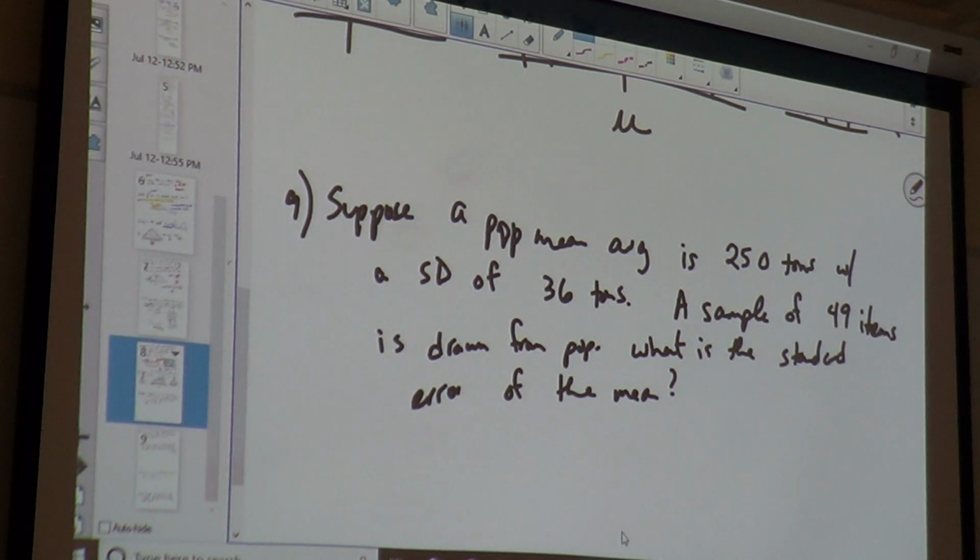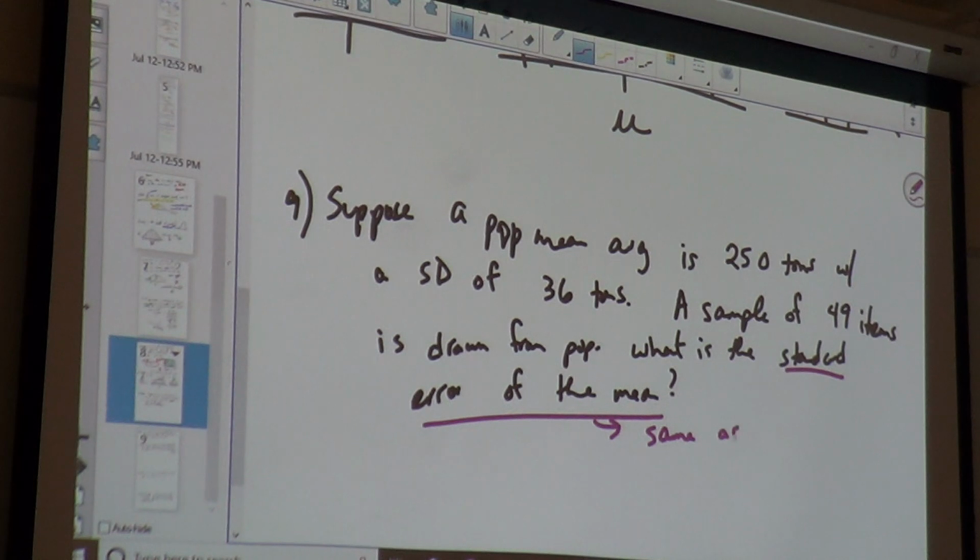Suppose a population mean average is 250 tons with a standard deviation of 36 tons. A sample of 49 items is drawn from the population. What is the standard error of the mean? What did I tell you that the standard error of the mean was?